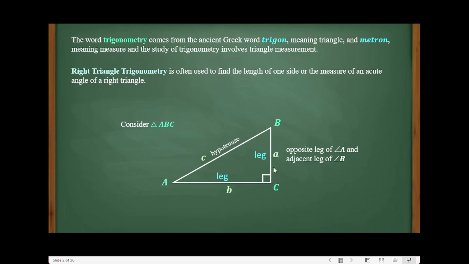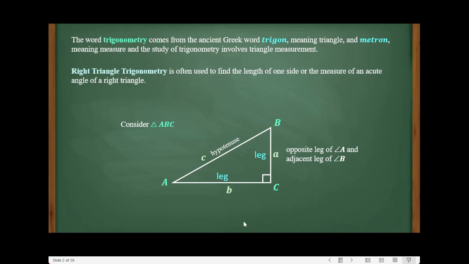Segment BC, or the leg with length small letter a, can be labeled as the opposite leg of angle A. At the same time, this leg can be labeled as the adjacent leg of angle B, since this leg is next to acute angle B. And this leg is non-adjacent to angle A, which is why it is the opposite side of this angle.